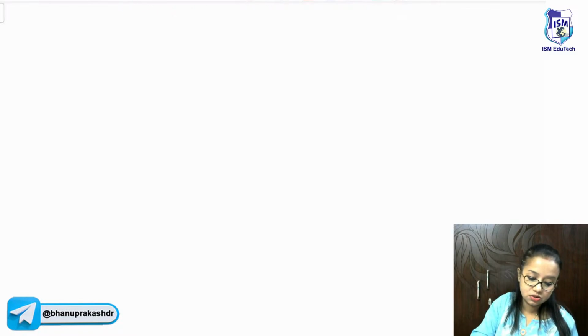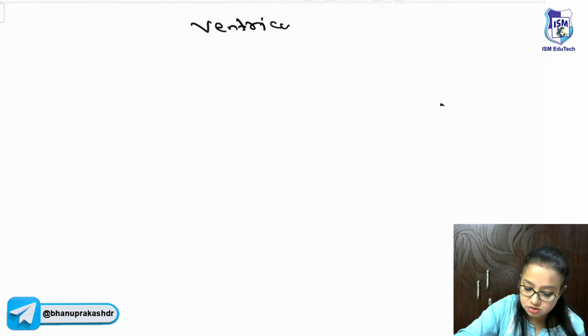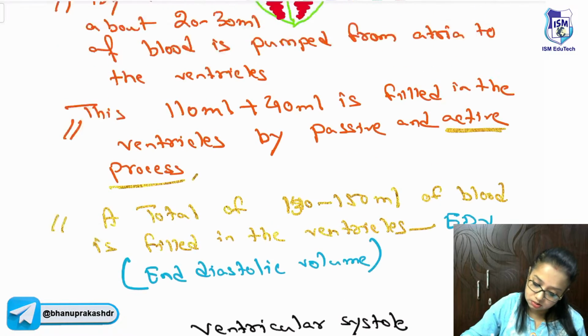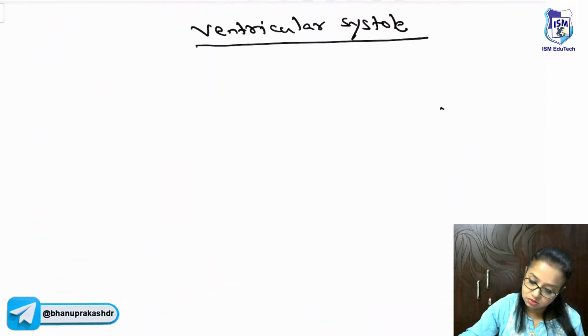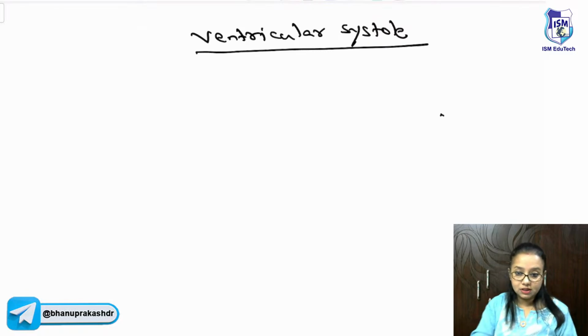These are the stages of the ventricular diastole. Now coming to the ventricular systole or the ejection phase. Diastole is over. Now we come to the systole, the contraction of the ventricle.